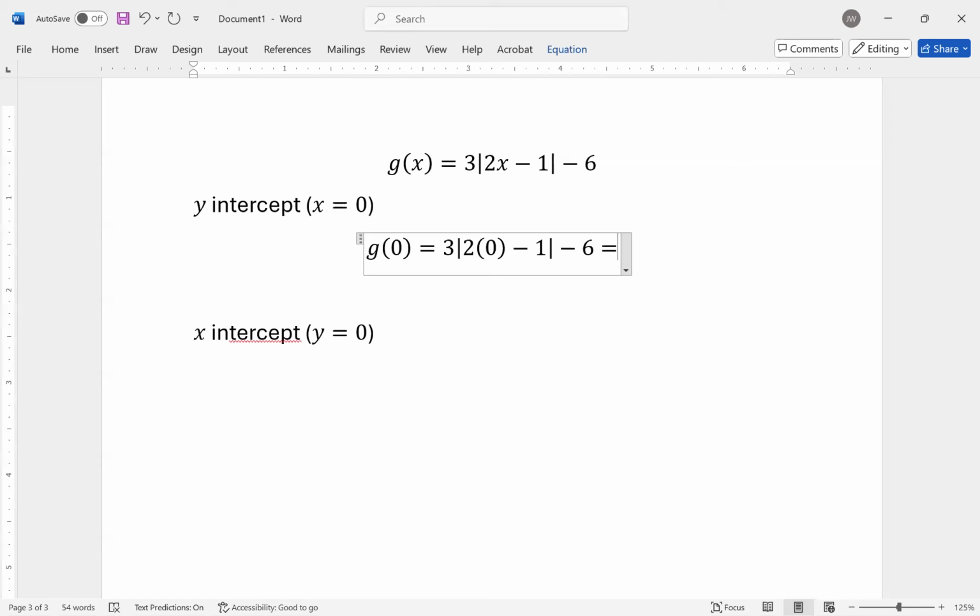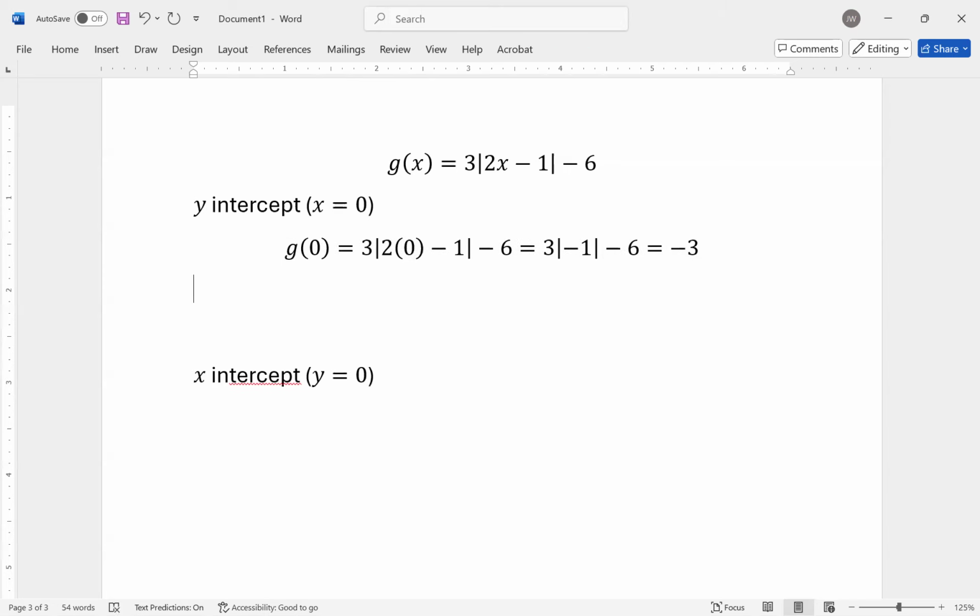When I simplify the inside, that becomes 3 times the absolute value of -1 minus 6, which is 3 times 1 minus 6, which gives you out a -3. So the y-intercept is the point (0, -3).